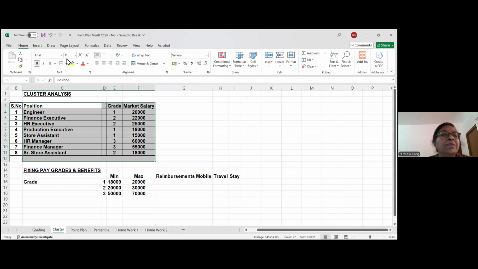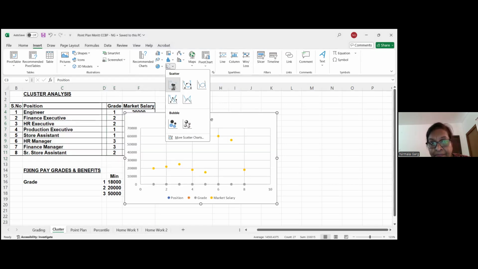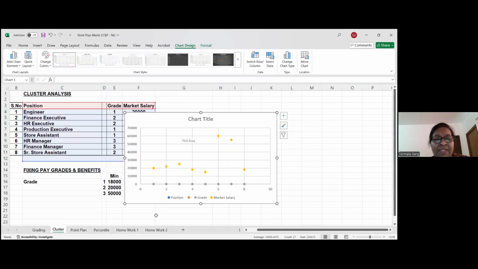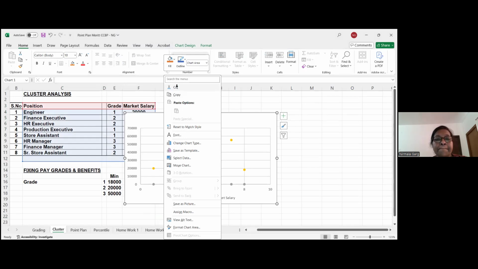Okay. Now insert and then go to charts, use the scatter. You can see this. 1 second. Let me actually delete this. I will use a cut.